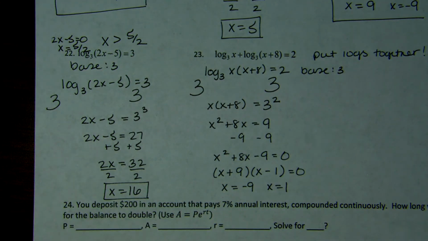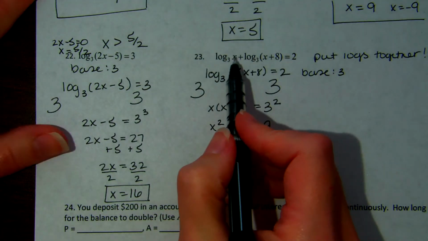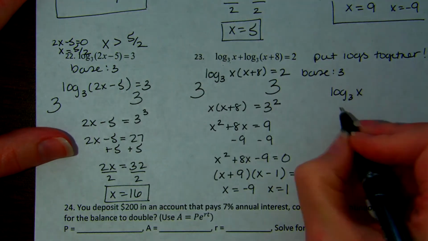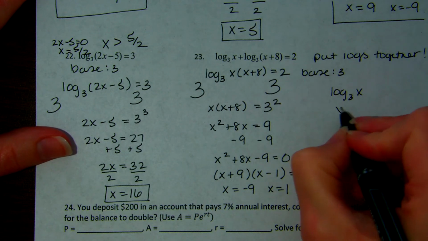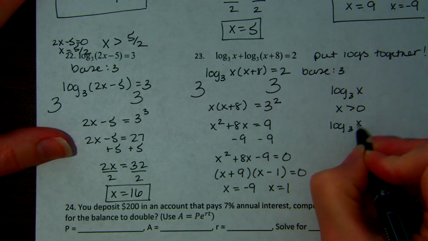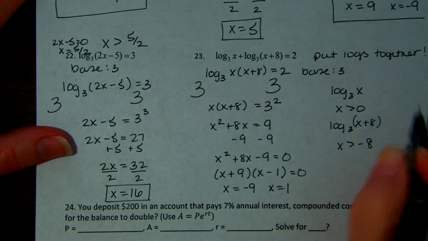Those are our solutions. Now, I did not find my domain restrictions before I started this problem. I just went straight into the problem. But from the log base 3 of x, this one right here, I know that x has to be greater than 0. And from the log base 3 of x plus 8, I know that x has to be greater than -8.